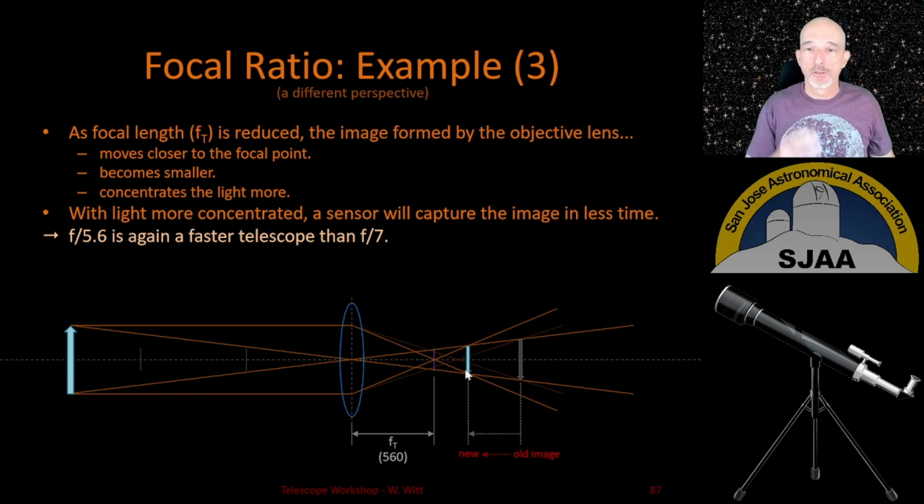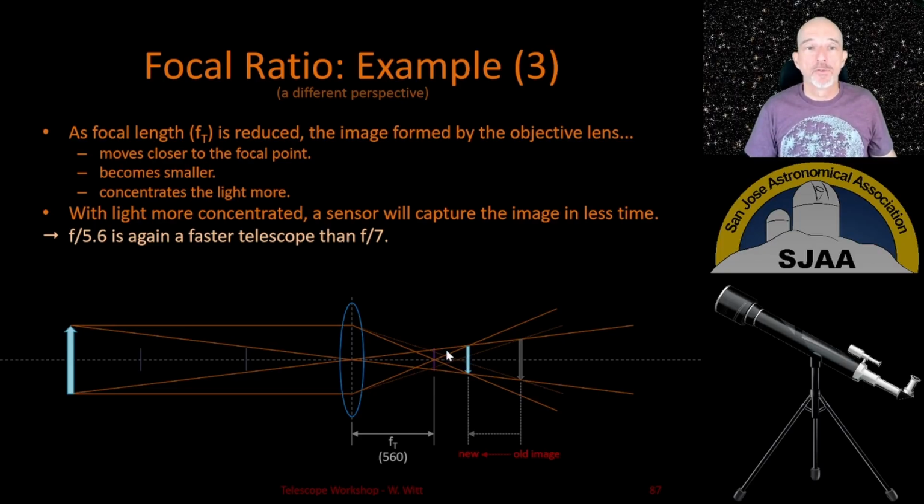Now it is smaller in area, which means that the light has become more concentrated. Whatever light I had here before, it's still the same total amount of light, but it has become concentrated in a smaller area. So for a camera sensor, an individual pixel will actually see more light. From the perspective of a single pixel on a digital camera sensor, more light is received there.